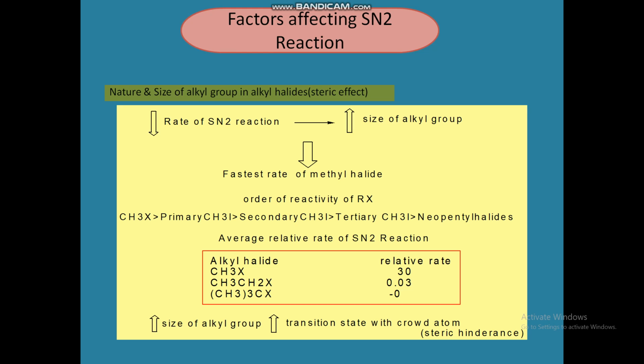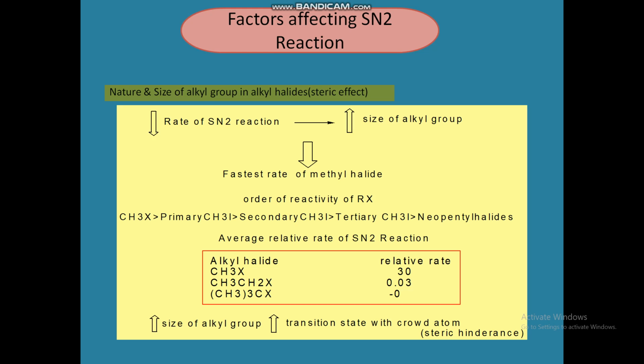The methyl halides show the fastest rate, followed by primary alkyl halides, then secondary alkyl halides. The tertiary alkyl halides do not undergo SN2 reaction.